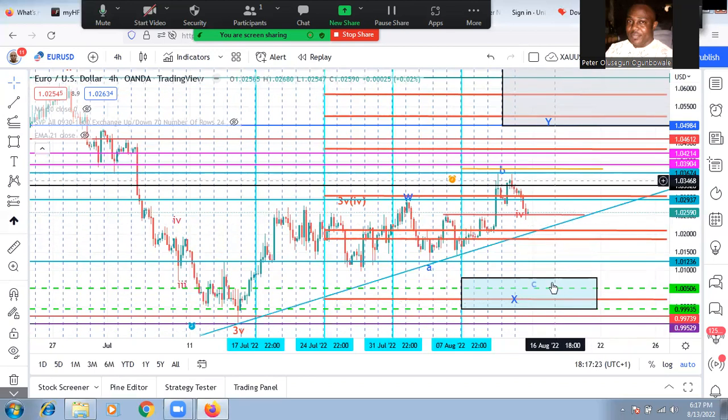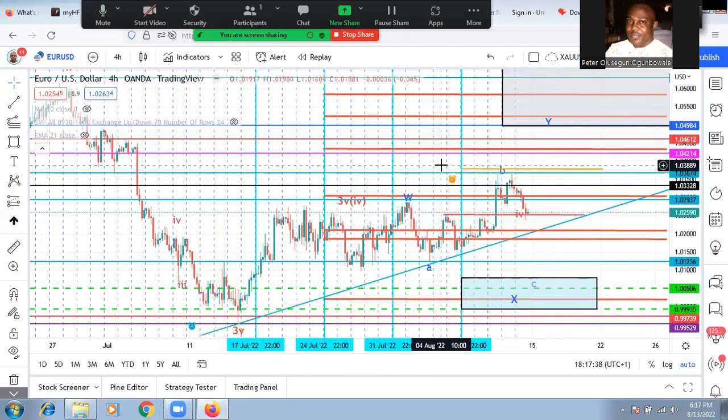And when they now turn, they're going to break this level here. Something funny is happening there. So for now, the level that we're looking at to sell, we have to go from what I can see here. They failed to touch it, and we are going to regroup. That's on the Euro USD.